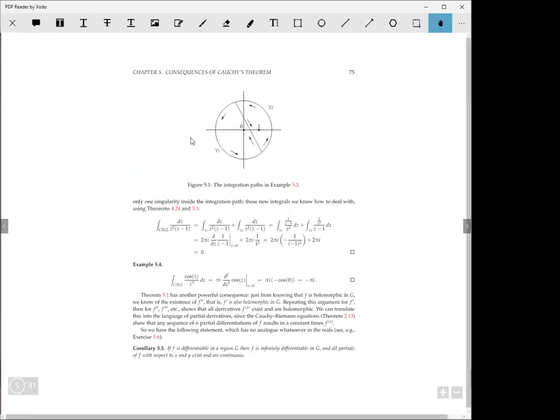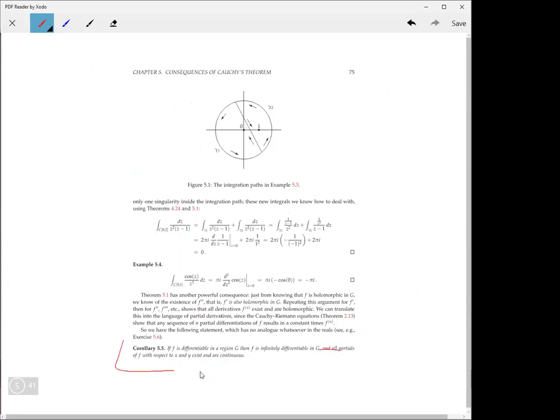This corollary here is kind of interesting. If f is differentiable in a region G, then f is infinitely differentiable in G. So holomorphic implies infinitely differentiable, and all partials of f with respect to x and y exist and are continuous.